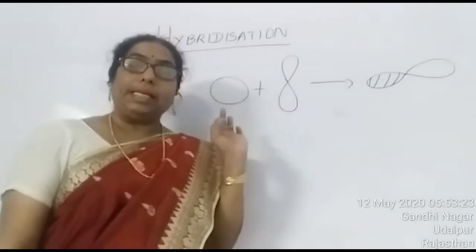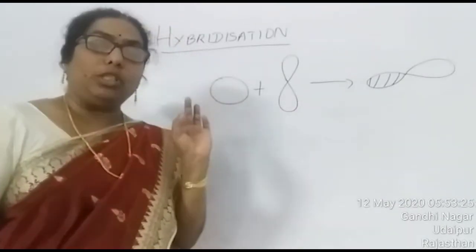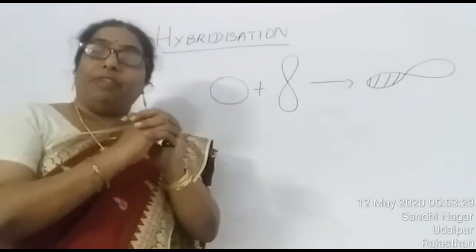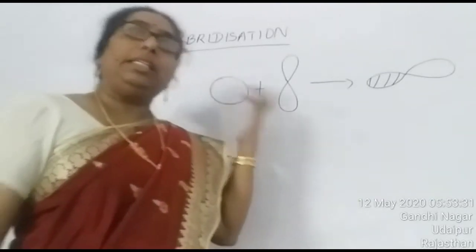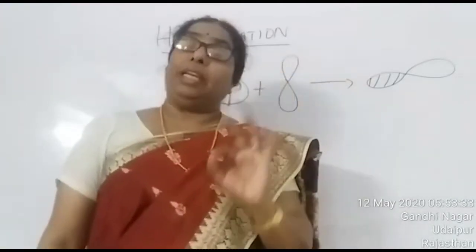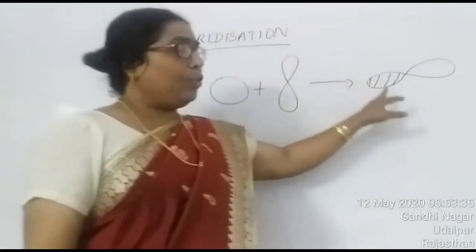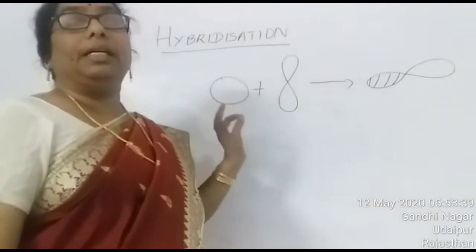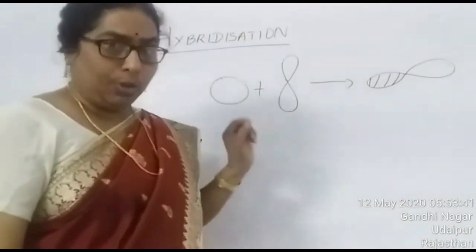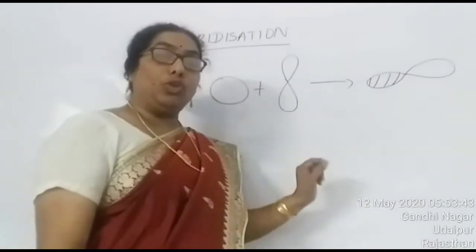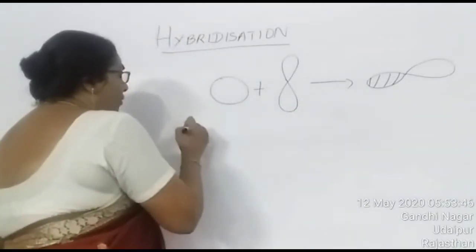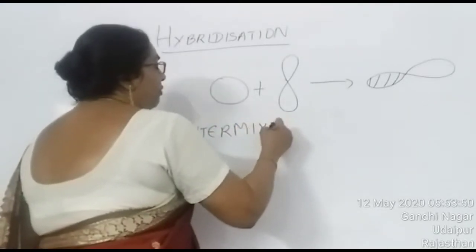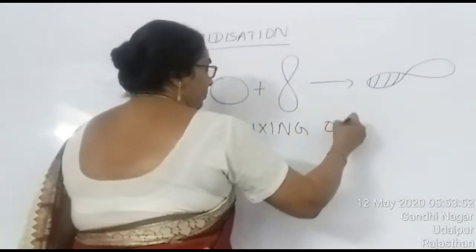So hybridization is the process of intermixing of orbitals which show difference in shape and slightly different energy to get an equal number of hybrid orbitals which possess the same energy and shape.